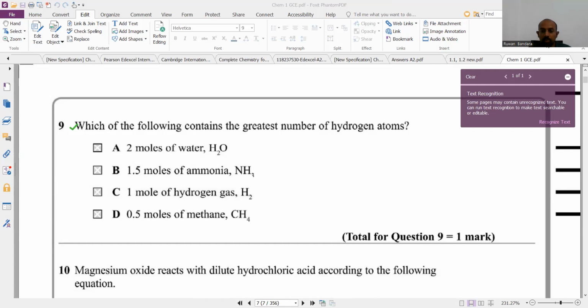Now, quickly tell me the answer. Right, let's see. Hands up. Who are saying the answer is A? I'll consider Akshan's and Ahalian's answer as 2. Then B, hands up.